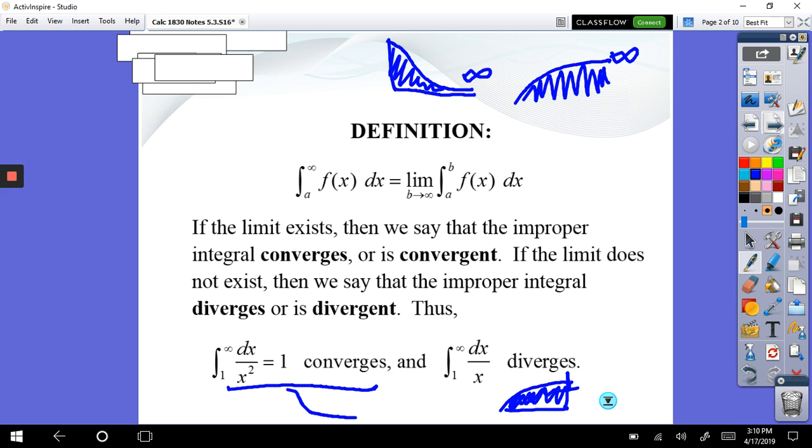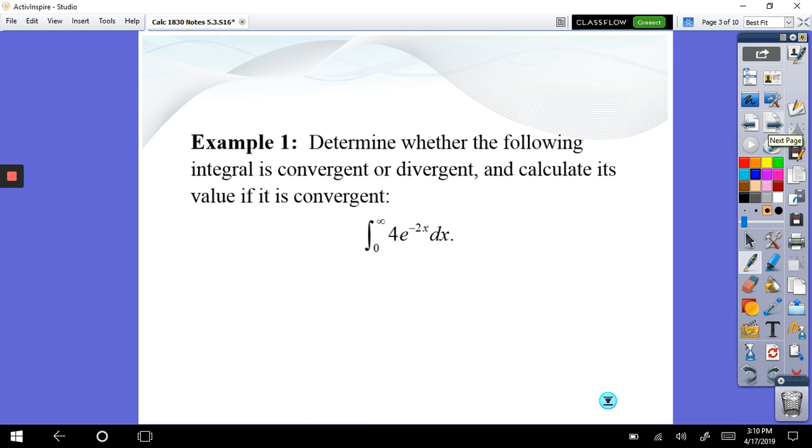All right, so what we're going to do is evaluate this from 0 to b. And then later we'll plug in infinity as the limit approaches b later.